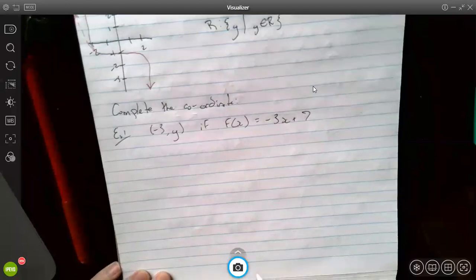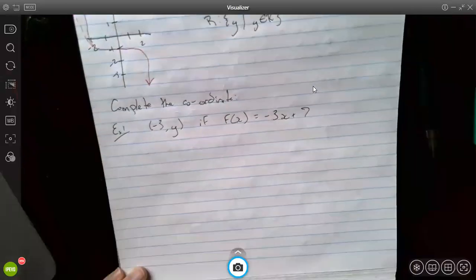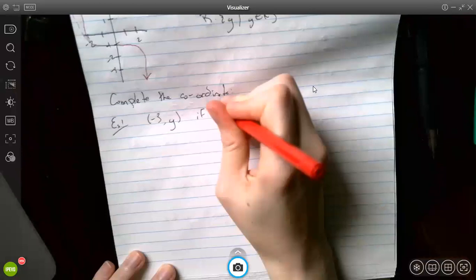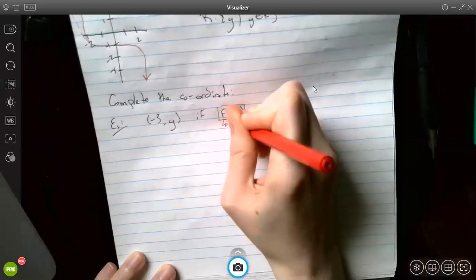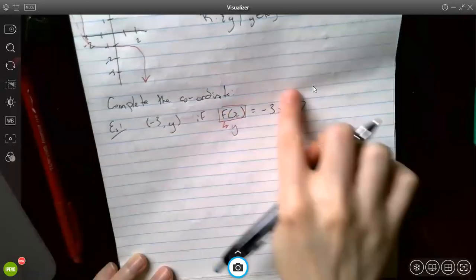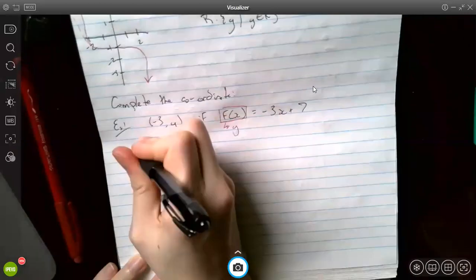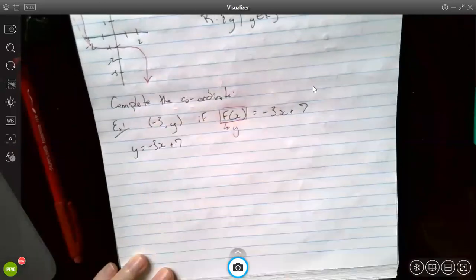So the first thing that I want you to remember is anytime you see this f of x, that really is just the same thing as y. So it might be easier to rewrite this equation that you were given as y equals -3x plus 7. Okay?